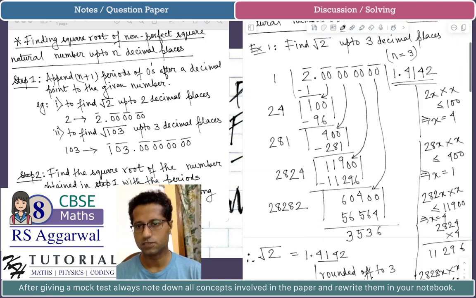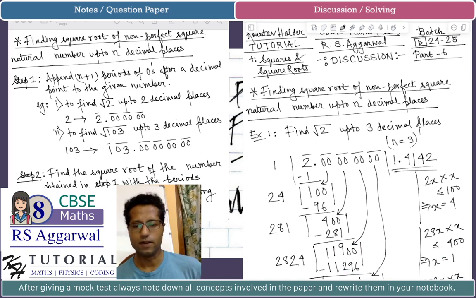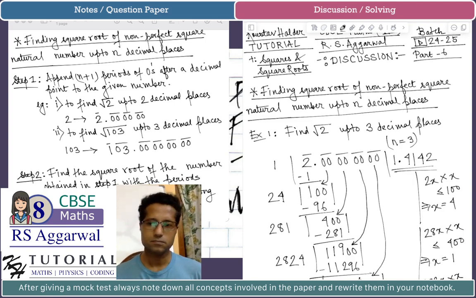Depending on up to how many decimal places you have to find the square root, if it is n, you will create n plus 1 periods of zeros after the number, putting a decimal point, and then you will do the normal long division method.